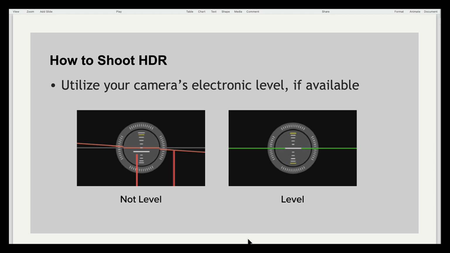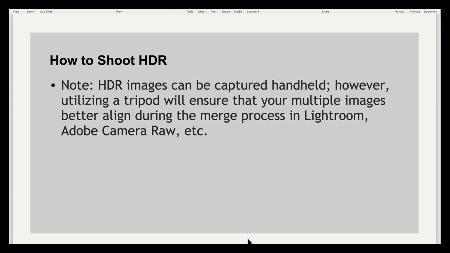I always recommend when using a tripod to utilize your camera's electronic level if your camera has one. Basically, we just want to make sure that our shot is level, so we're not having to correct it in post. HDR images can be captured handheld, but I think you're going to get the best result if you're utilizing a tripod.